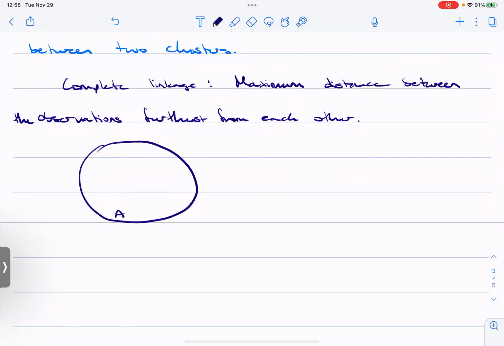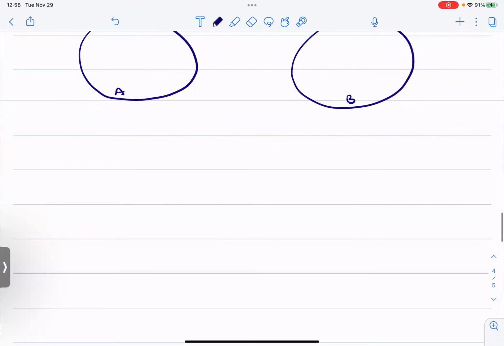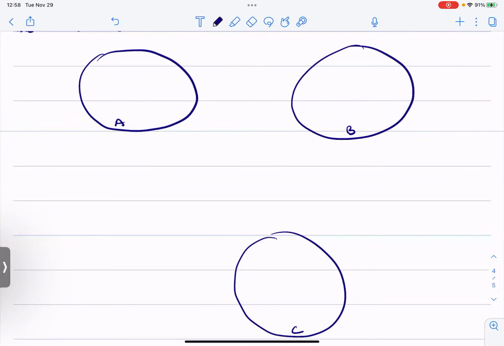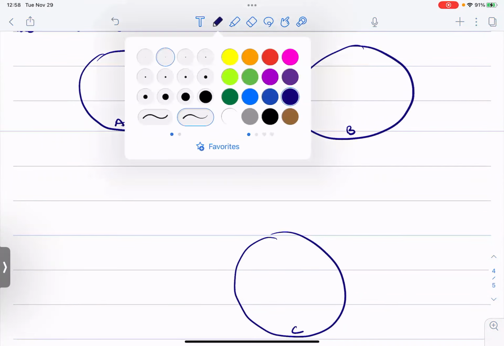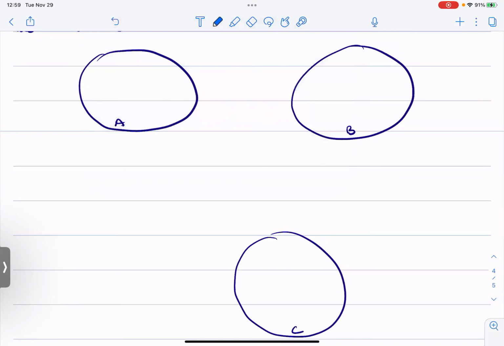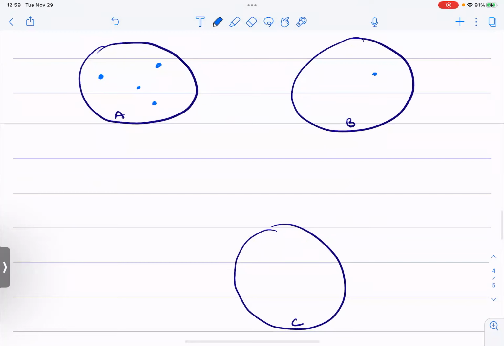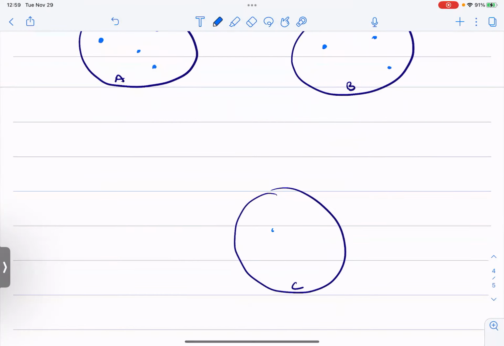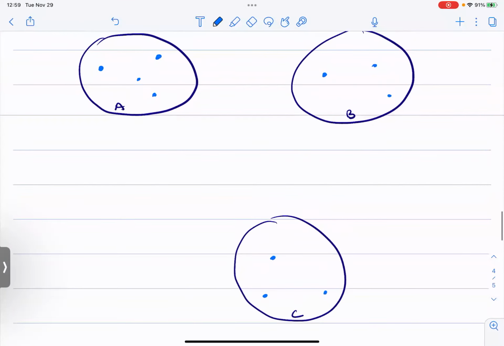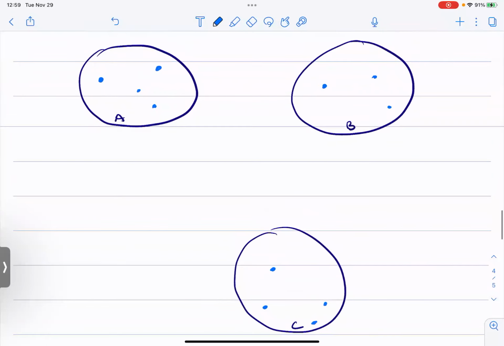So if I have A, B, and maybe a C down here, on an XY axis. What if I have my points here, maybe here? Move it a little bit further out. There, make it easy on myself.